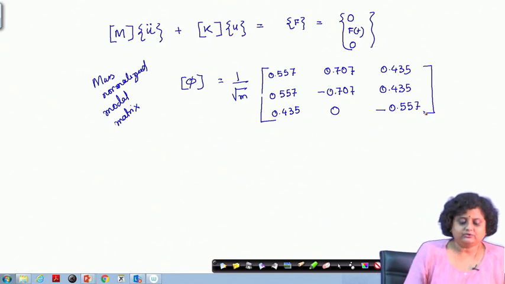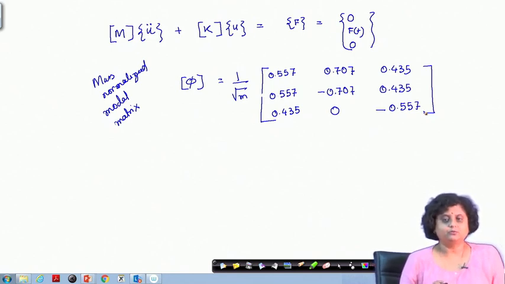Okay. So, now this is the mass normalized modal matrix.